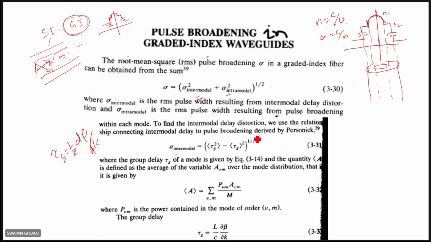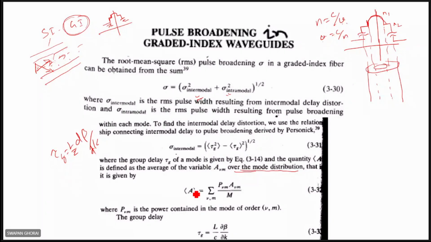Here, take the average of the group delays: average of tau g squared minus the square of the average tau g. That will provide you the sigma intermodal. What is this average? Average means it is over the mode distribution.